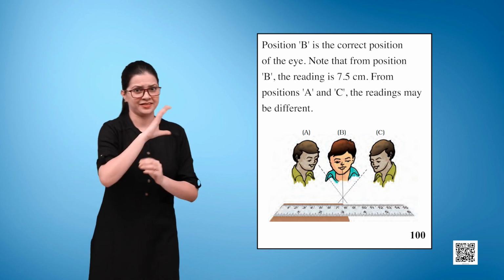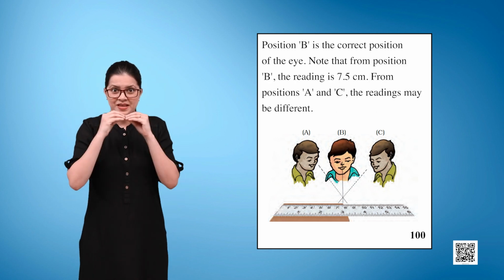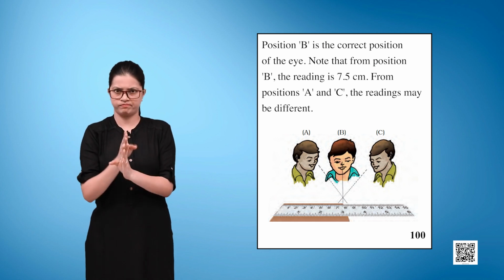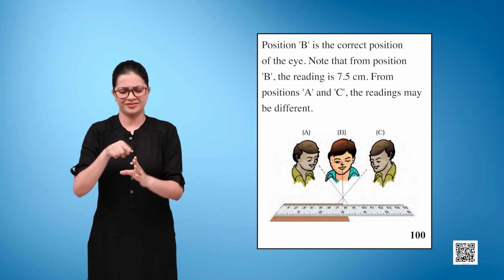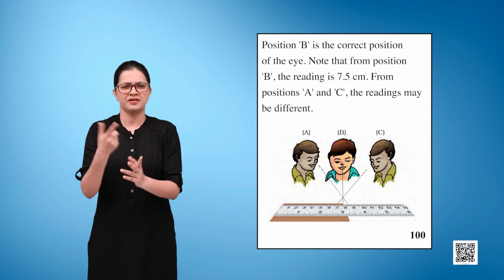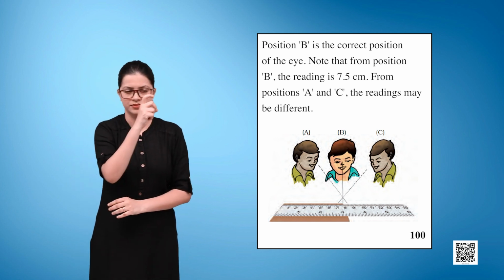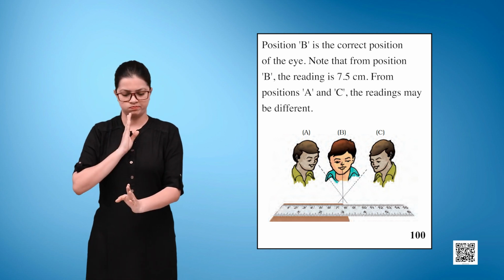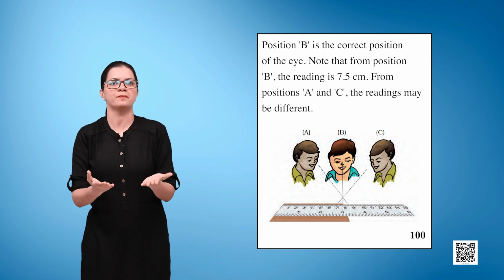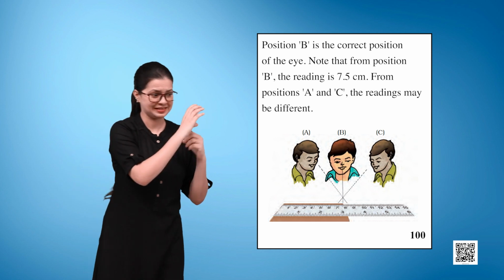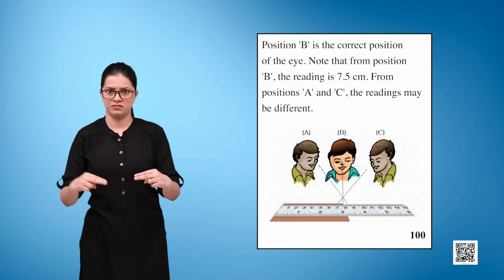Position B is the correct position of the eye. Note that from position B, the reading is 7.5 centimeter. From positions A and C, the readings may be different.